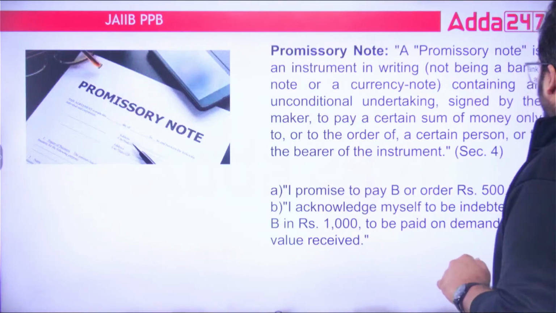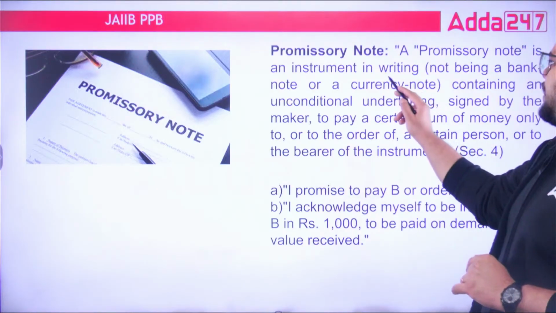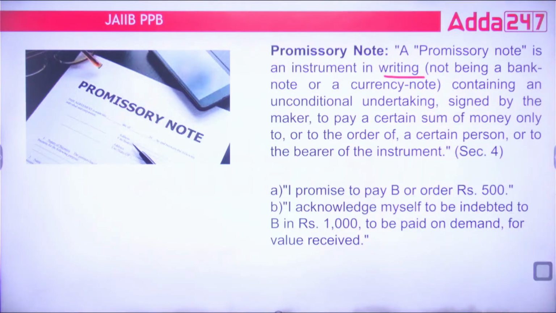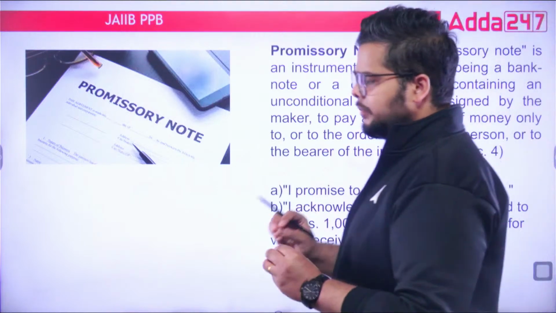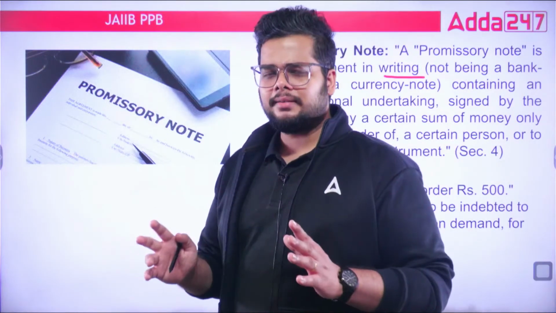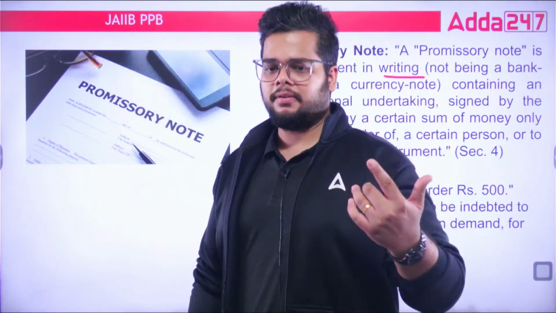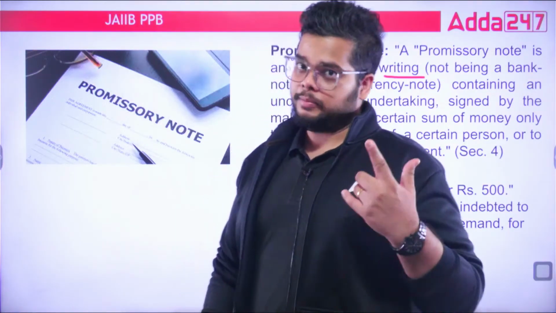Next, when we talk about the promissory note, another negotiable instrument, it is an instrument in writing, not being a bank note or currency note, containing some type of undertaking. Basically, you can say that it is a note. Initially it is a note, and it becomes a promissory note afterwards, once all the documentation has been done.